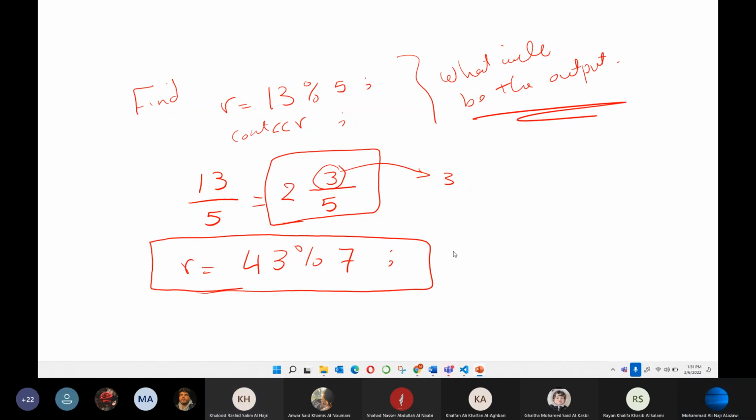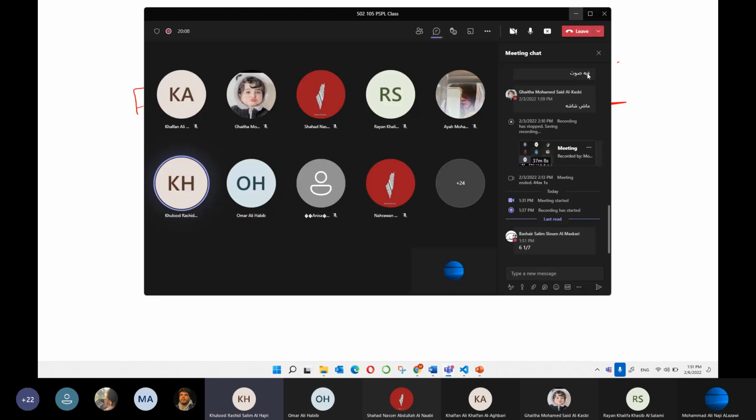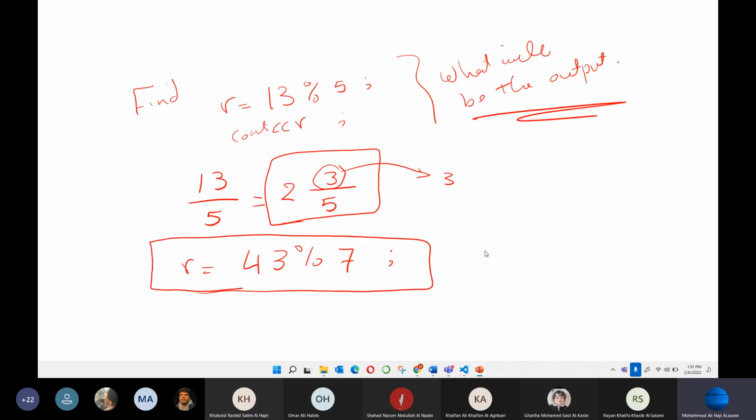4? 3. 3. No, how is that? Sir, I got 1. One second, one by one. Now we are talking with Khulud. Yes, okay, go ahead, Khulud. The result is 3. How is that? 45 divided by 7 equals 2. How? 45, is it divisible by 7?